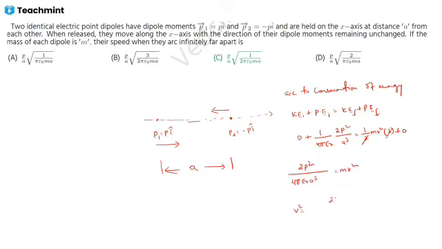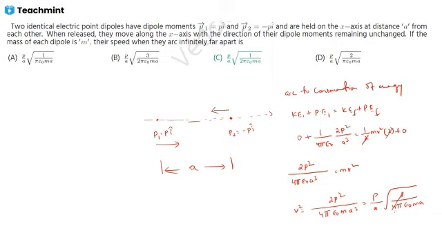Now v square is equal to 2p square divided by 4 pi epsilon naught m into a cube. If you bring that square this side and take some of the terms out, p square will come out as p, and from a cube we can bring a square out as a, and one more a will remain inside the root, that is 2 divided by 4 pi epsilon naught m into a.